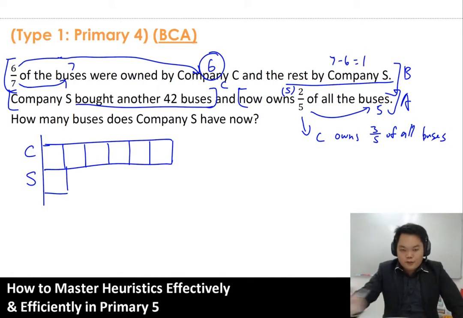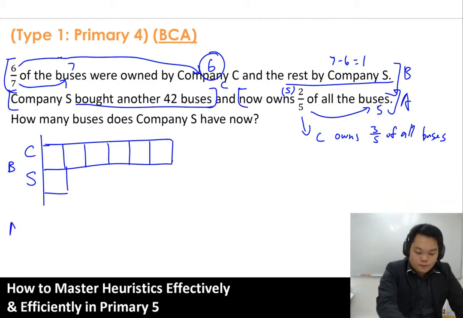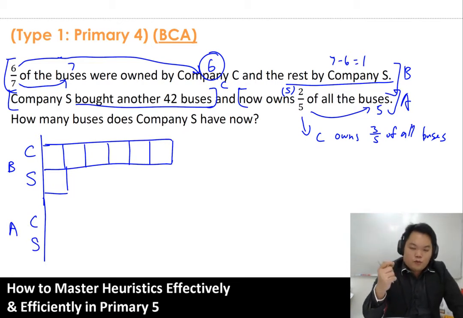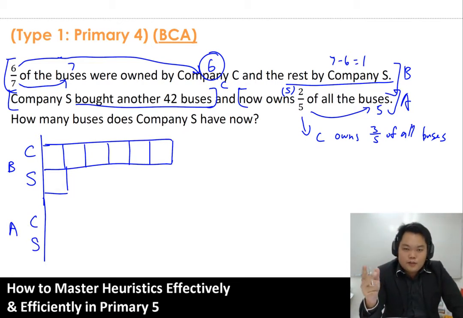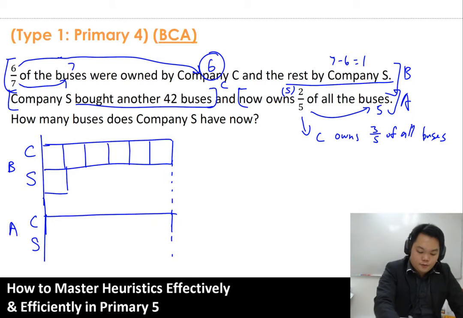They've been trained to do this, so don't worry too much. And once we see this, we want to split Company C into 3 groups. The way to do it is, we draw this down.